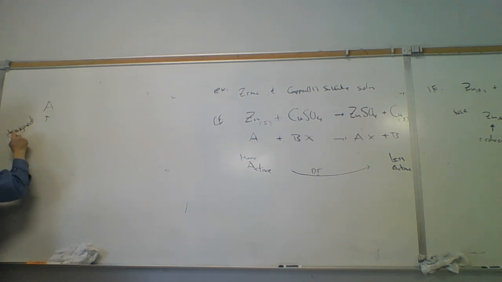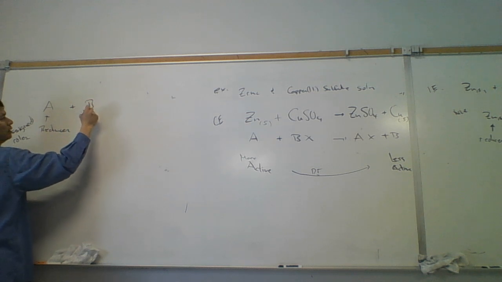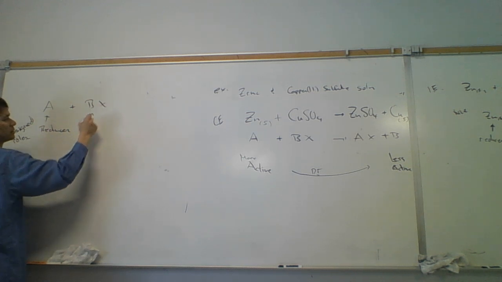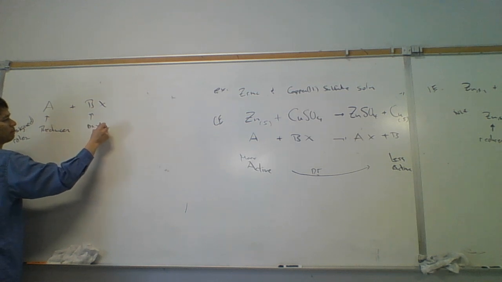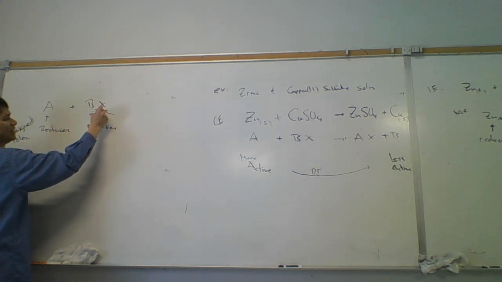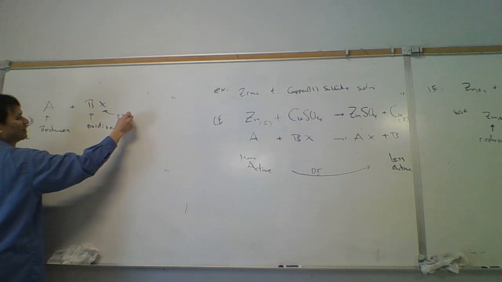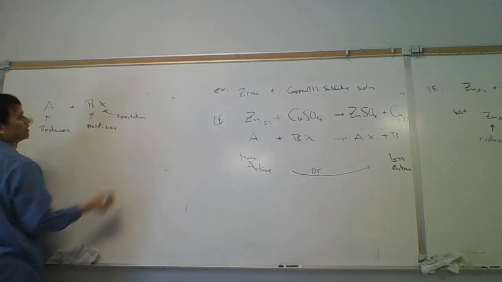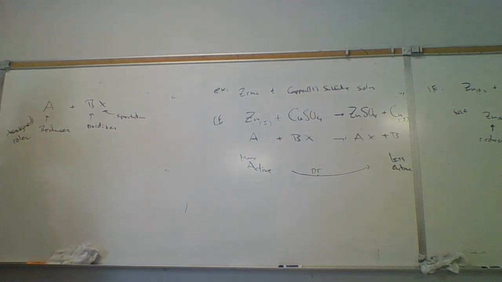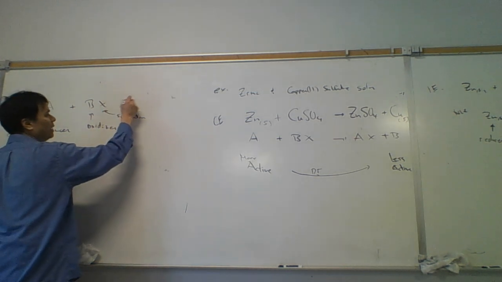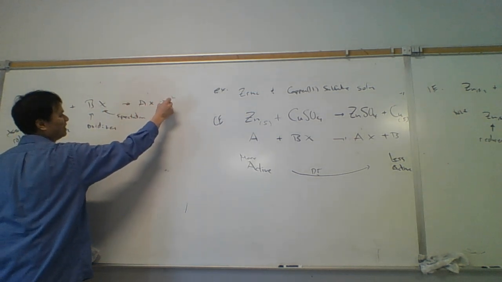A is the reducer, plus BX. B is the oxidizer. X is the spectator. And then we're going to form AX plus B.